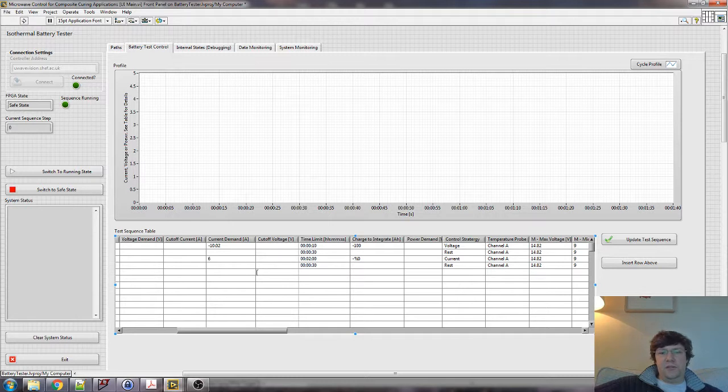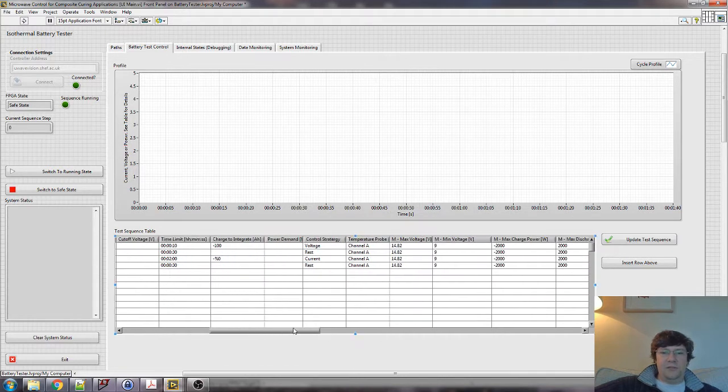And we have the usual things that you have in battery testers, like if you're discharging, you have a cut-off voltage that signals the battery is flat. And if you're charging, you have a cut-off current which signals the battery is full, and you set the voltage you want to charge up to, and all that sort of thing. And maybe some time limits, amount of charge you intend to integrate, the control law that you intend to use.